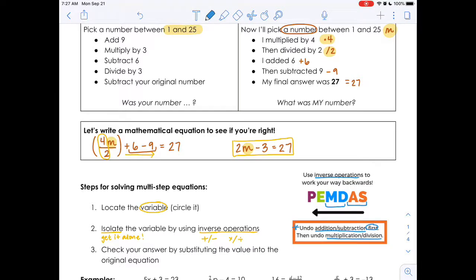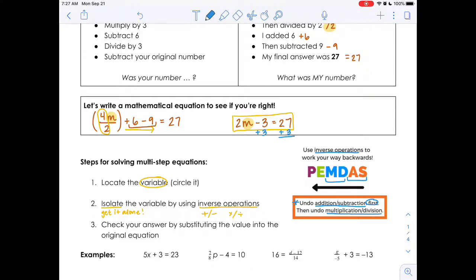So I've got 2m minus 3 equals 27. I'm going to start from the end, addition and subtraction. I want to get rid of this minus 3, and basically I'm working from the outside in, closer and closer to my unknown. So to undo a minus 3, I'm going to add 3 to both sides. Now, if I am writing plus 3 on the left and plus 3 on the right, I expect to see the exact same work on your paper.